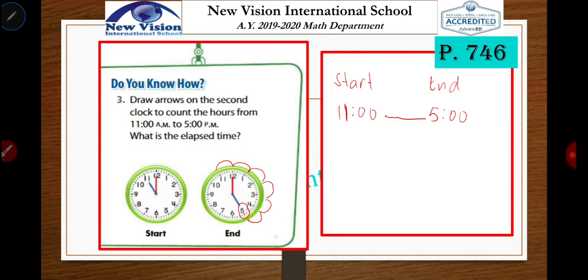So how many hours do we have? We have 6 hours. Very good. If you try to count it also from 11, that's 1, 2, 3, 4, 5, 6. It's very easy. Okay, good job.